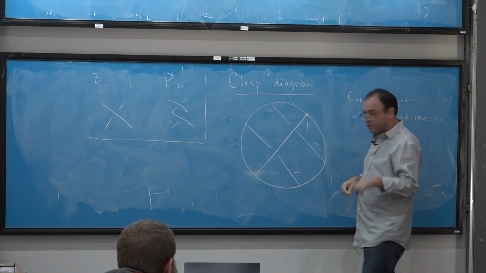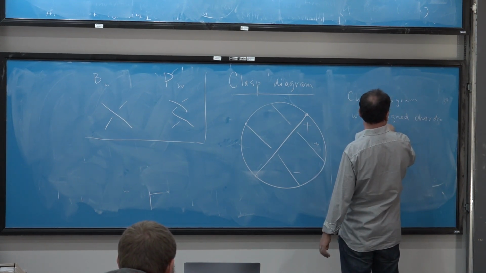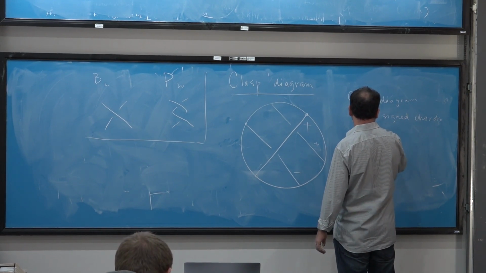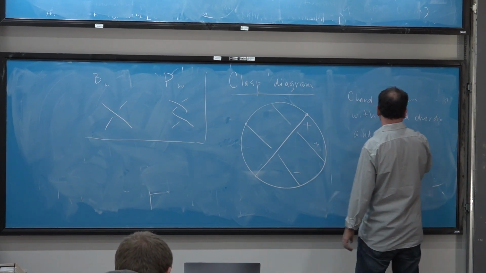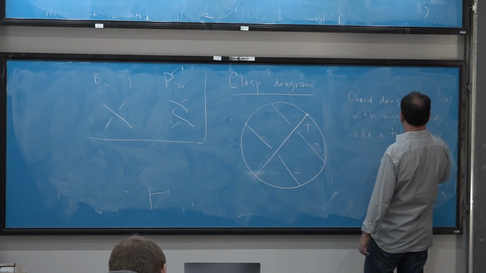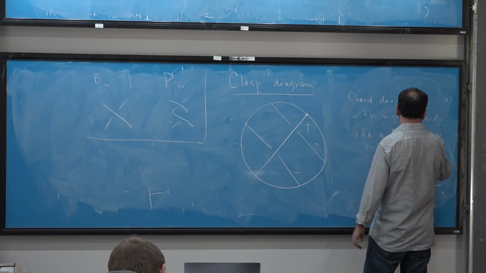You can't have any Escher pictures. With signed chords and the total order on the set of chords.